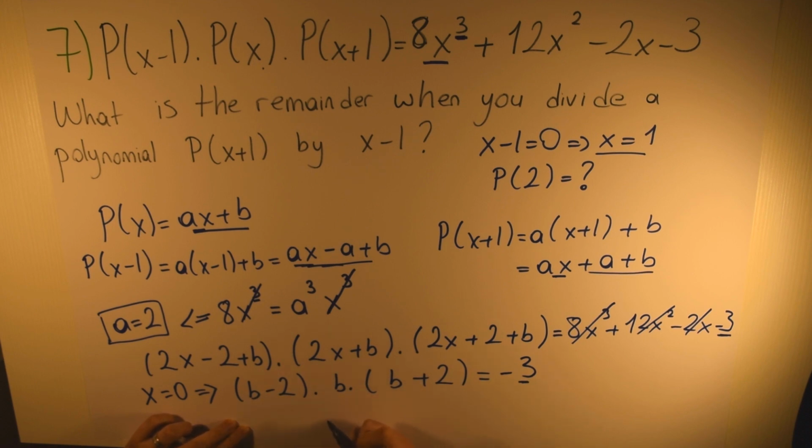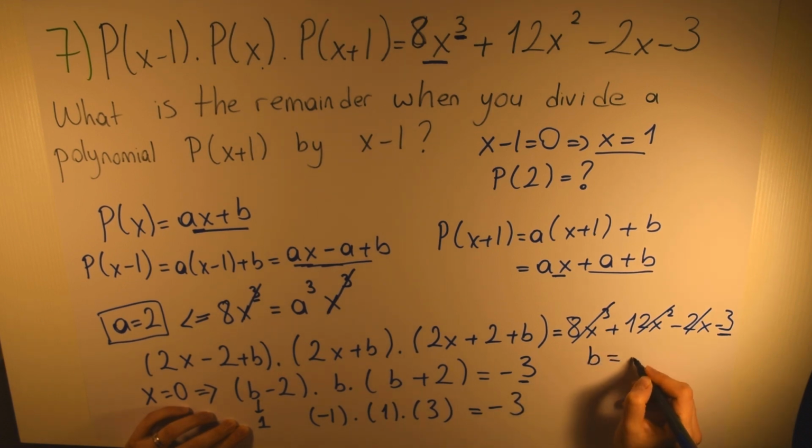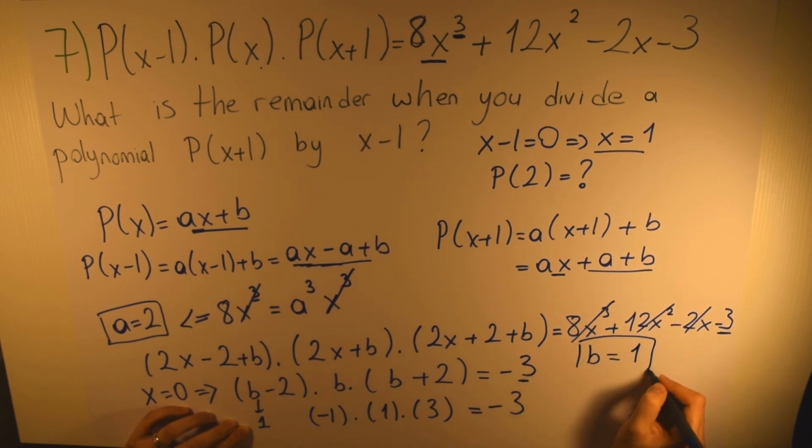So let's try 1. When I give 1 instead of b, 1 minus 2, it is minus 1, okay, times this one is 1, times, when I give 1, 1 plus 2, it's equal to 3. So here, yes, you see here, I get minus 3, which means b is equal to 1, okay.